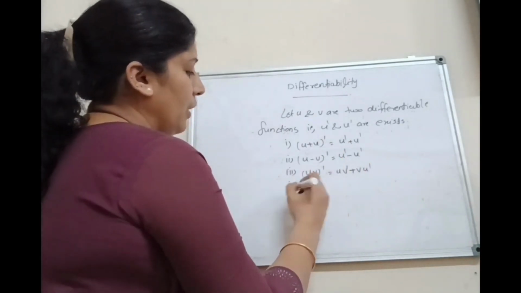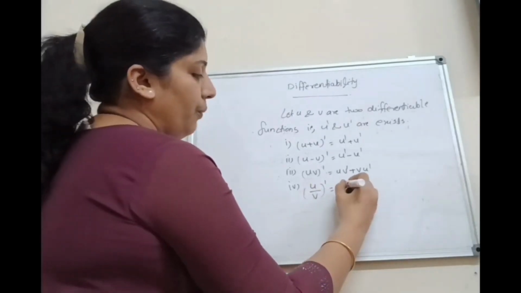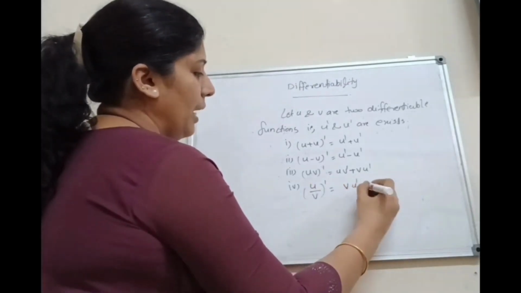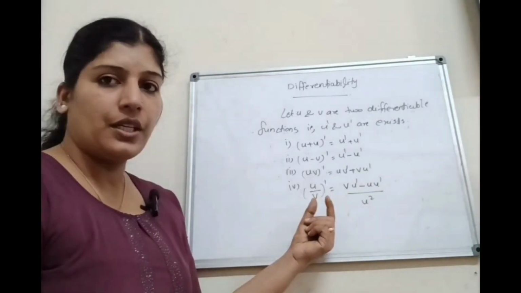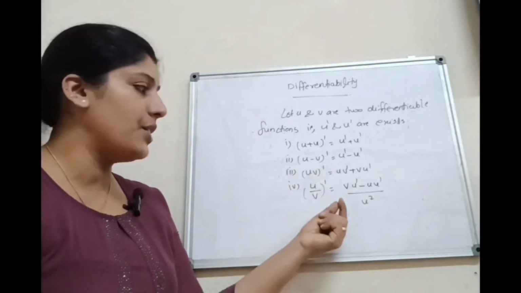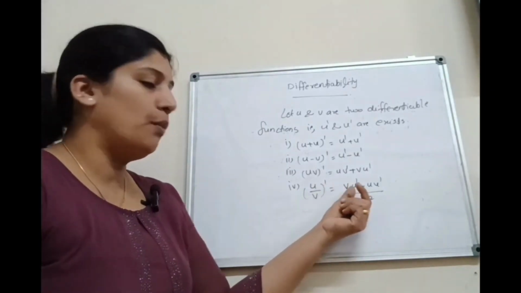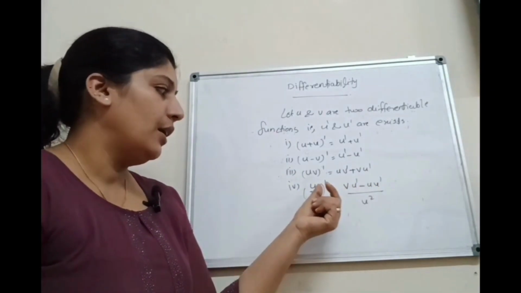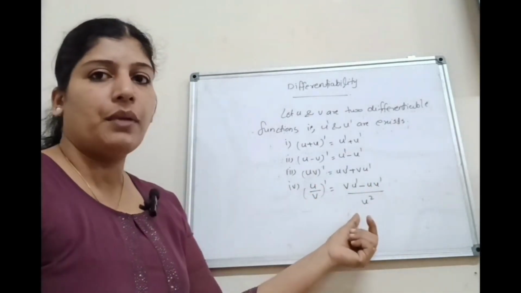Then next, u by v whole dash equals v into u dash minus u into v dash, divided by v square. That is, the function is of the form u by v. Therefore, the derivative of u by v is denominator into derivative of numerator, minus numerator into derivative of denominator, divided by denominator square.